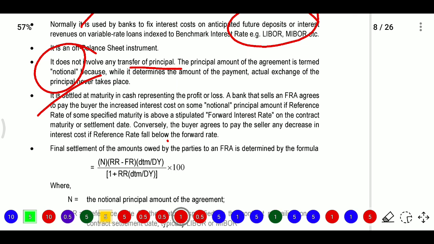or loss. A bank that sells an FRA agrees to pay the buyer any increase in interest cost on some notional principal amount if the reference rate of some specified maturity is above a stipulated forward interest rate on the contract maturity or settlement date. Conversely, the buyer agrees to pay the seller any decrease in interest cost if the reference rate falls below the forward rate.